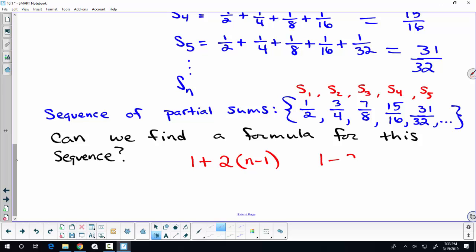So 1 minus 1 over 2 to the n. Just 1 over 2 to the n, and then 1 minus that quantity. 1 minus 1 over 2 to the n. Yeah, that works.